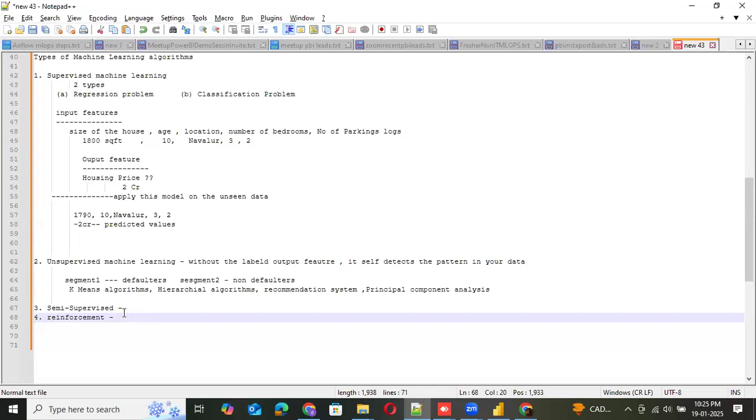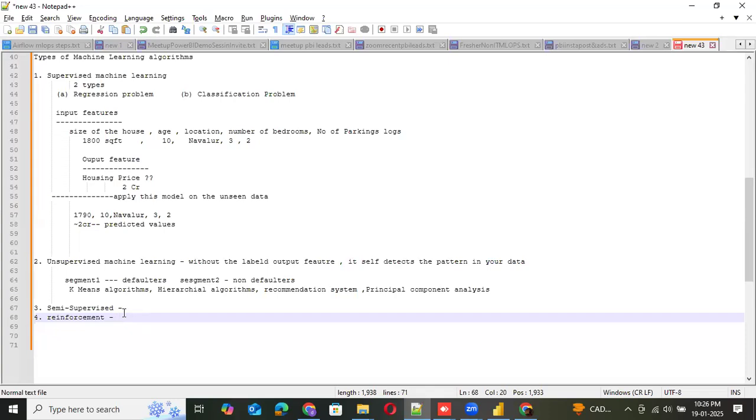We tell it explicitly. Once you tell both the input features and the labeled output feature, the model will automatically detect the patterns. Now the question is, without explicitly writing a program, the model can learn the pattern automatically from the historical data based on the input and output features.